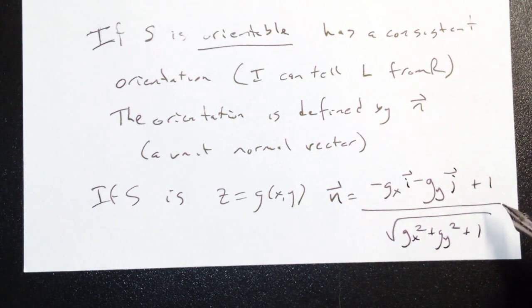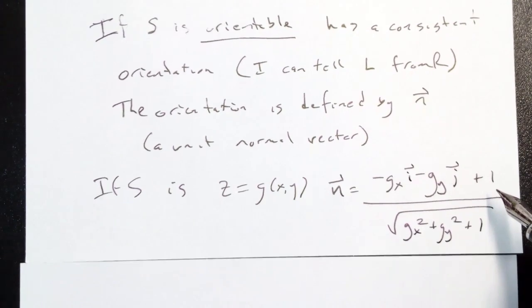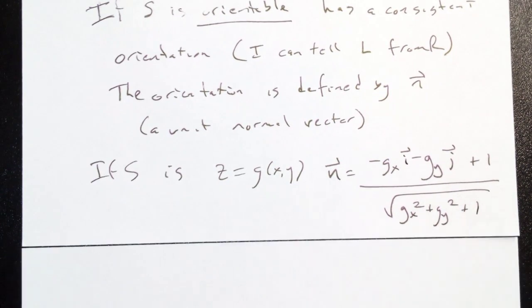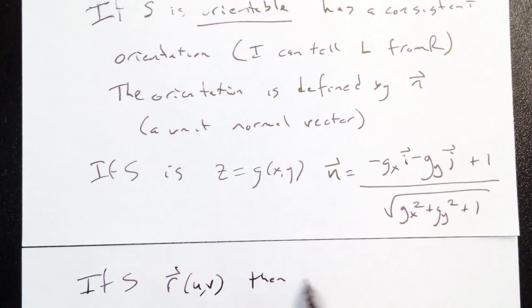This is the tangent plane idea, and that's the length from our dS, isn't it? As opposed to if S is given parametrically, then the normal vector is the cross product, r_u cross r_v, divided by its length.